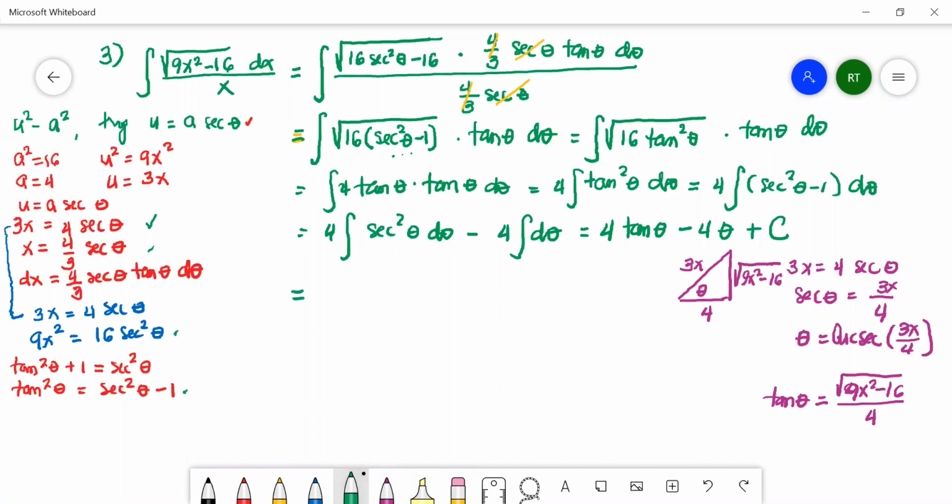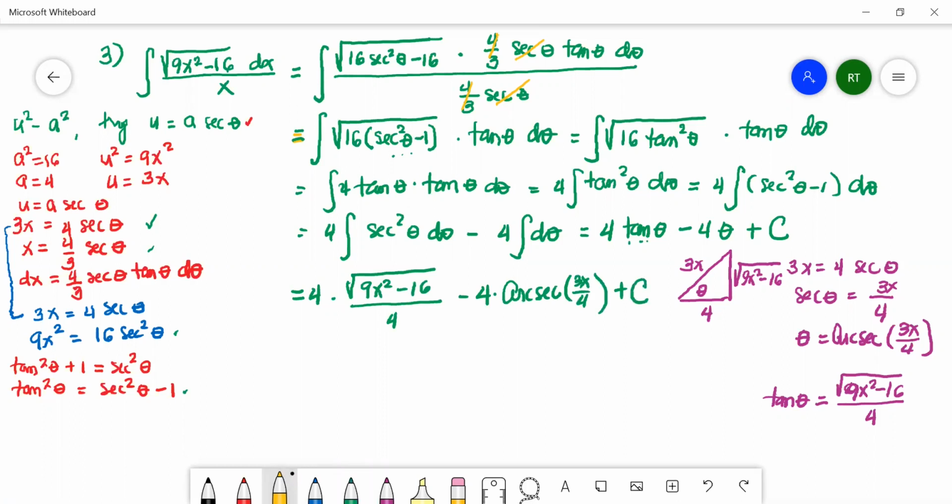The integral is equal to 4 times tangent of theta, which is square root of 9x squared minus 16 over 4, then minus 4 times theta, which is arc secant of 3x over 4, plus the constant of integration. And simplifying further, we can do cancellation here.